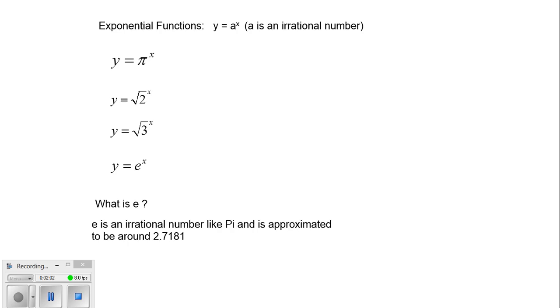E is an irrational number, like pi or root 2, root 3, or any other irrational number, which is approximated, like pi is approximated, at 2.7181. And again, being irrational, there's no end in sight to the string of digits, no pattern in sight.